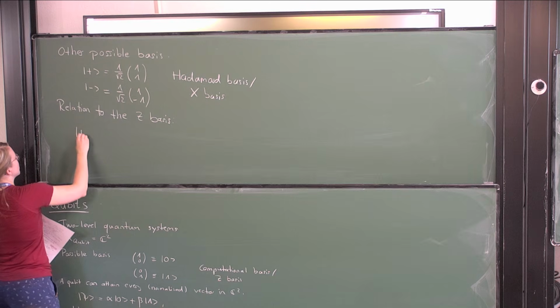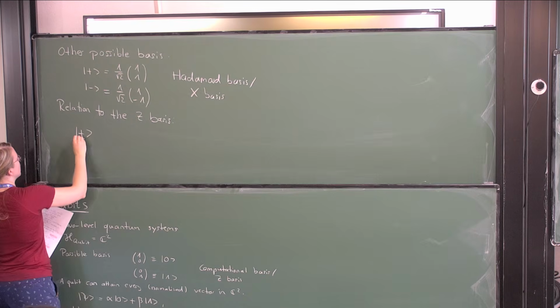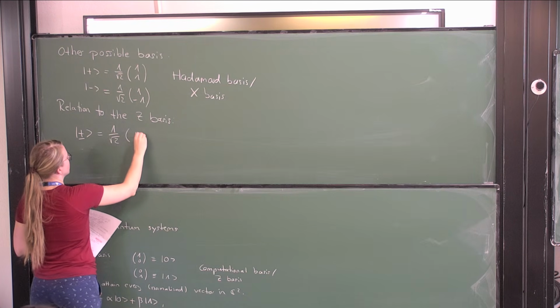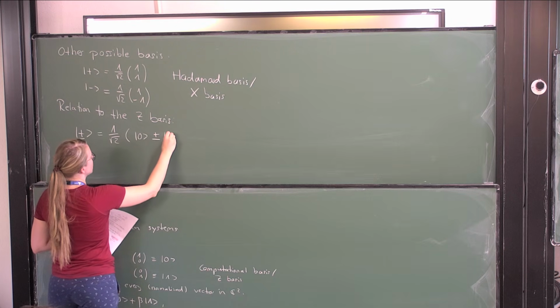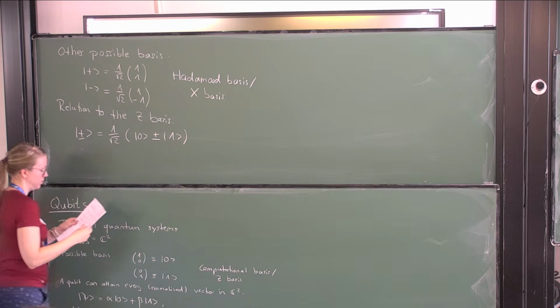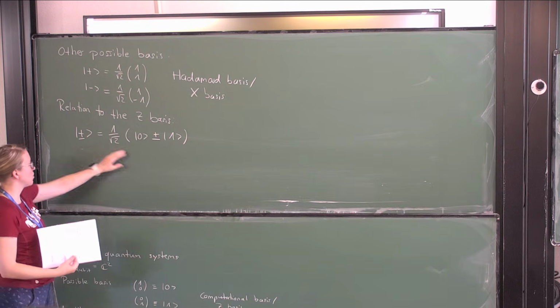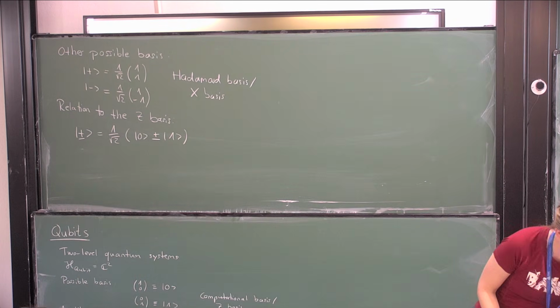Calculate that, and you see that you can express them as a linear combination of 0 and 1: 0 plus 1 for the plus state and 0 minus 1 for the minus state. This relation we will need a lot when we talk about how to measure these states.